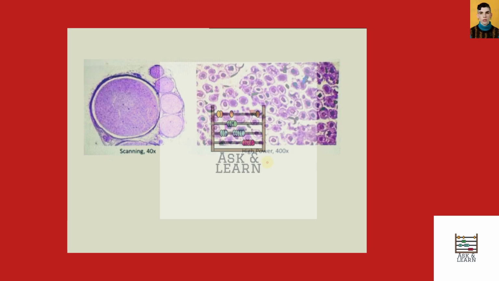Now, coming to the high power resolution of the same peripheral nerve, here we can see that this represents the intrafascicular perineurium, while this represents the endoneurium, which is the inner layer.